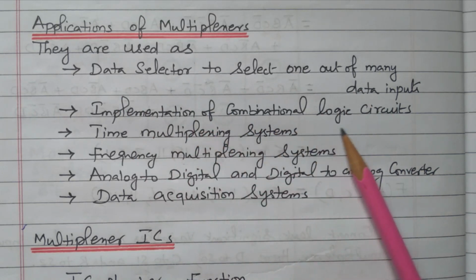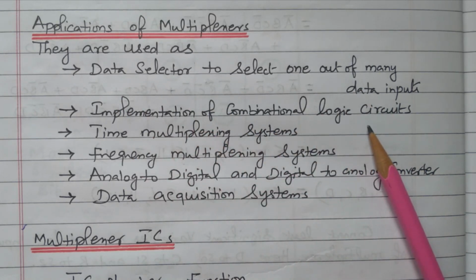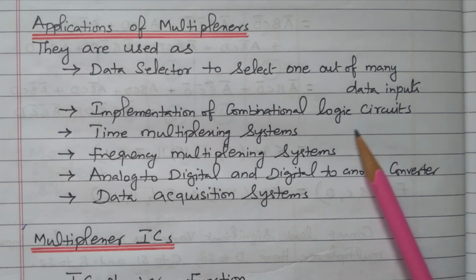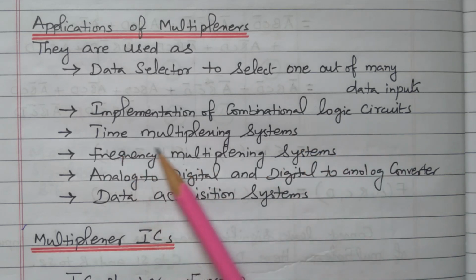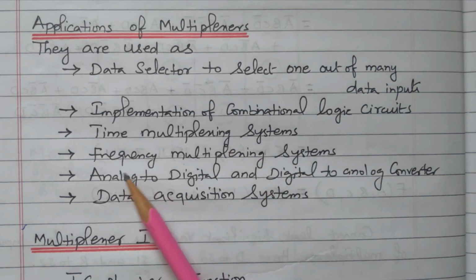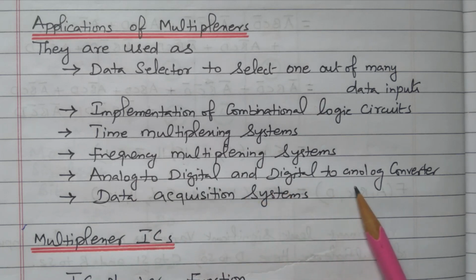Implementation of combinational logic circuits: the multiplexer can be used to implement combinational logic circuits. Time multiplexing systems, frequency multiplexing systems, analog to digital and digital to analog converters, data acquisition systems. So in these we can use the multiplexer. These are all the applications of the multiplexer.